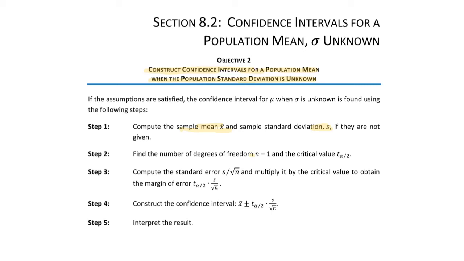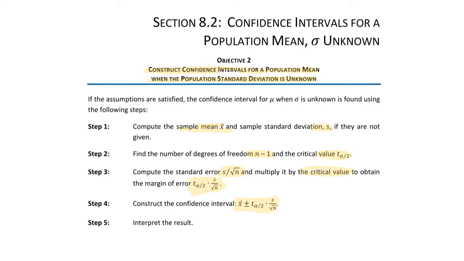Then find the number of degrees of freedom and the critical value. And compute the standard error and multiply that by the critical value. Actually, multiply the critical value and the standard error. Okay, that is the margin of error. Then add that to the mean. So you will get the interval.